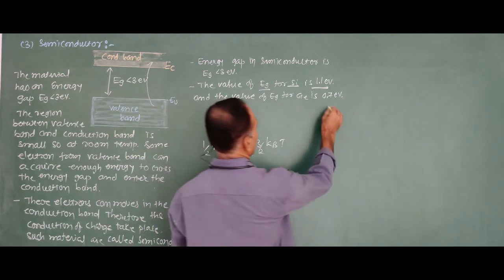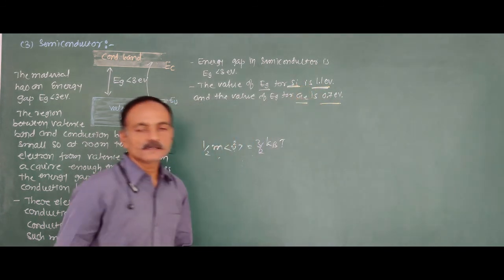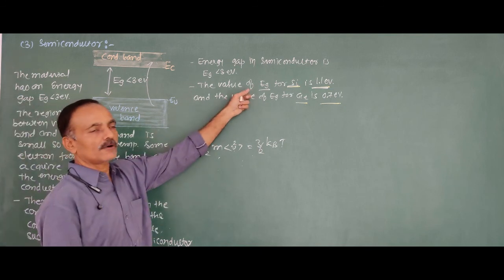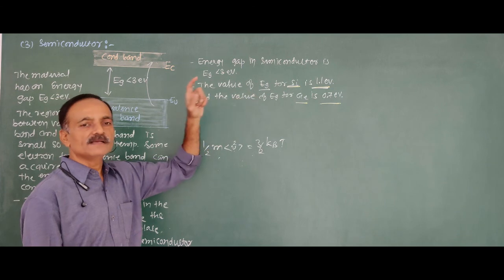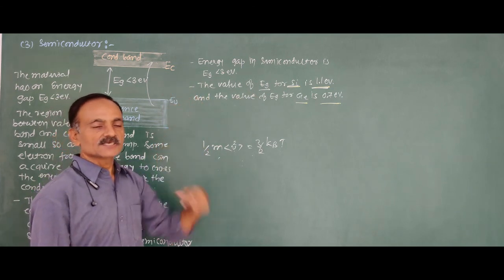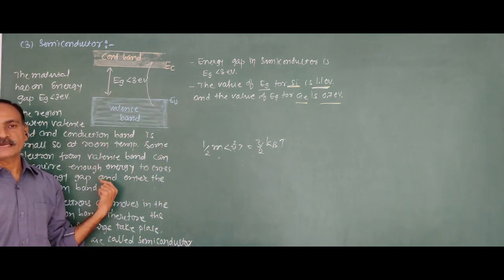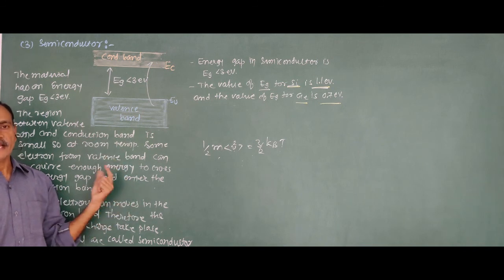Keep in mind these two values for germanium and silicon semiconductors. Clear? So this is the difference of the energy band diagram for the conductor, insulator and semiconductor.